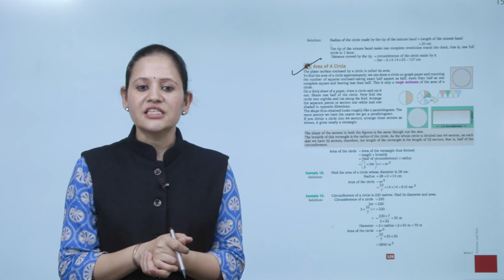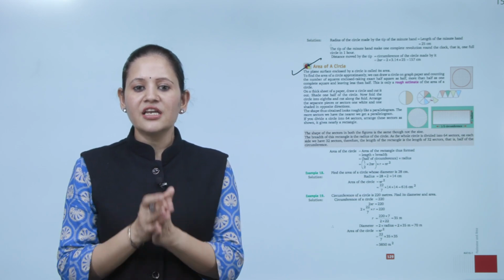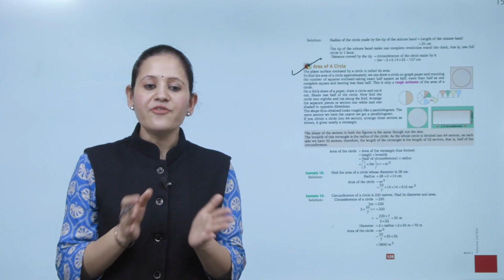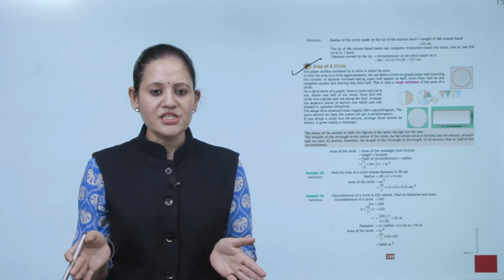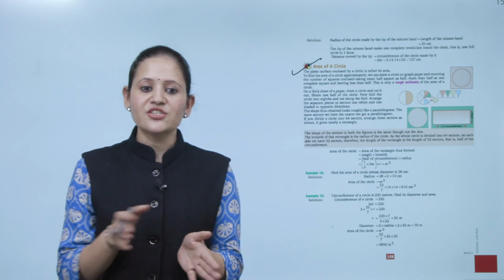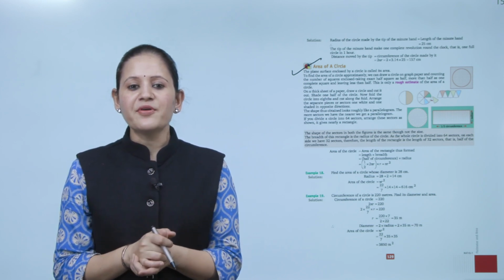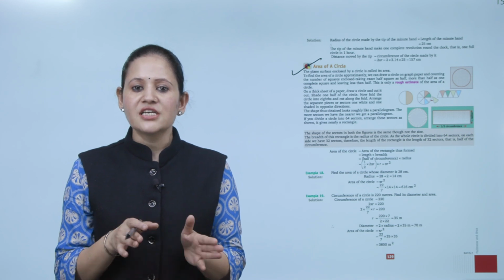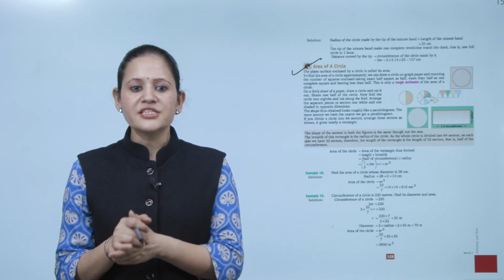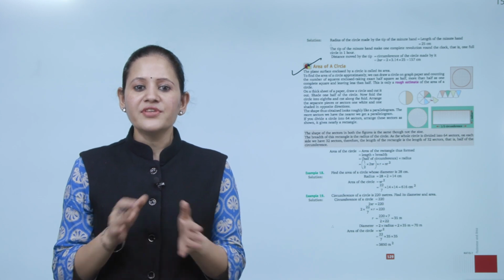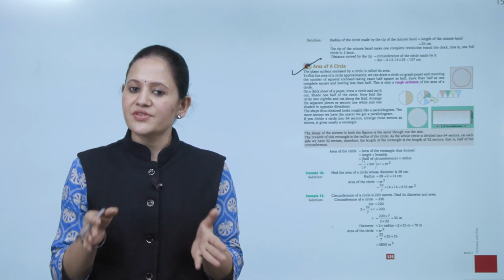Thus, the more sectors we have, the nearer we get to a parallelogram. If you divide the circle into 64 sectors and arrange the sectors as shown, it gives nearly a rectangle. Clear? The shape of the sectors in both the figures is the same, though not the size. The breadth of the rectangle is the radius of the circle.